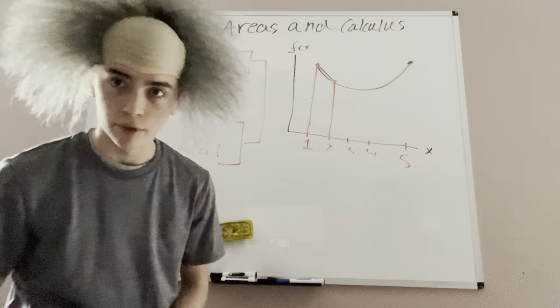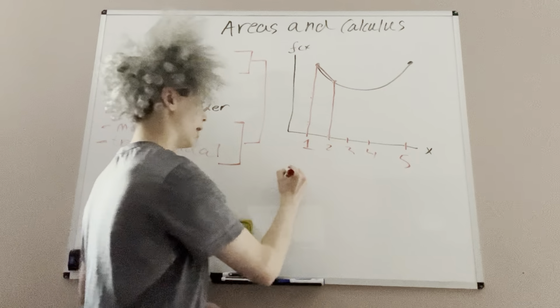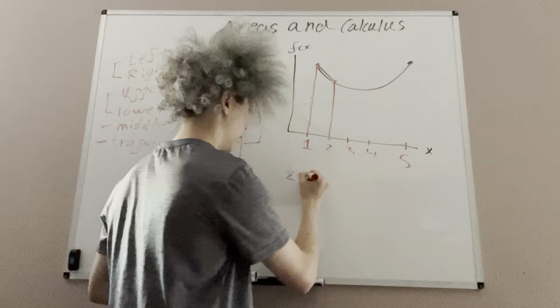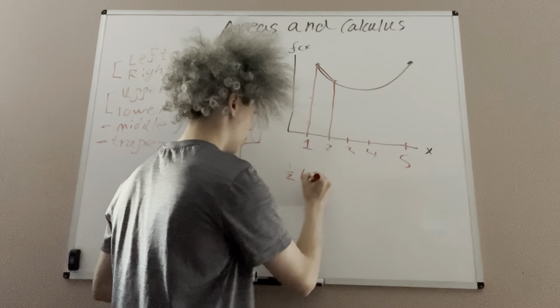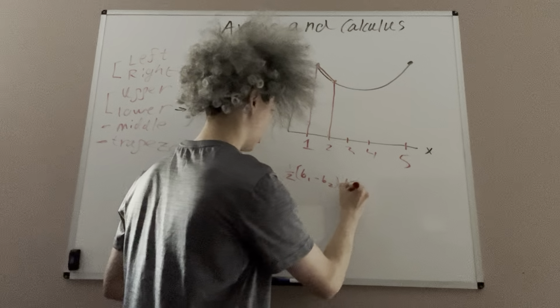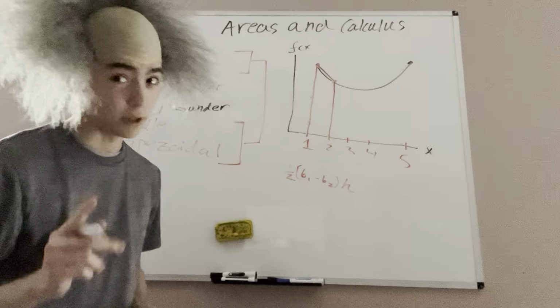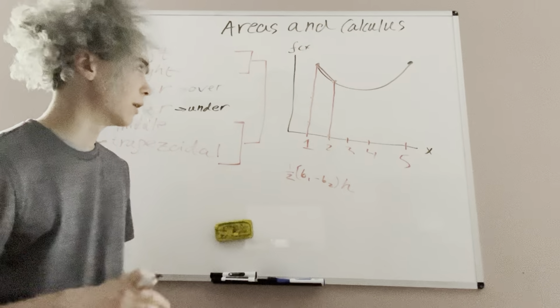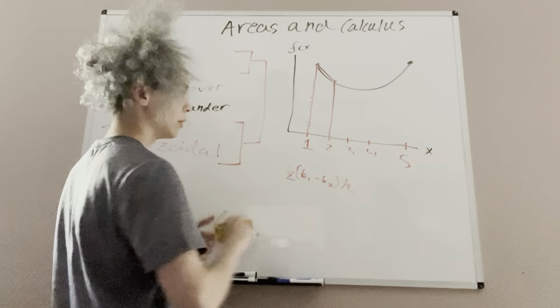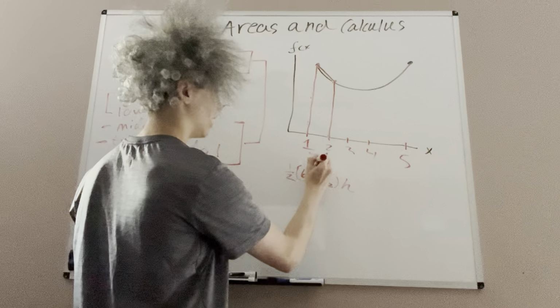But you have to take the area of a trapezoid. That's going to be 1/2 base 1 plus base 2 times height. I'm pretty sure, because if you think about it, it's going to be the height of the function, which is going to be this. This is going to be your height.